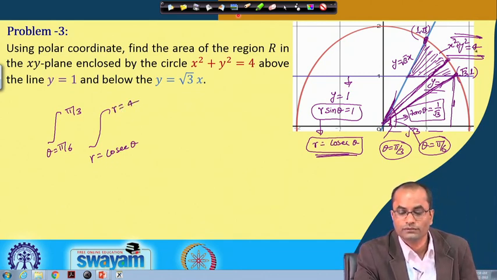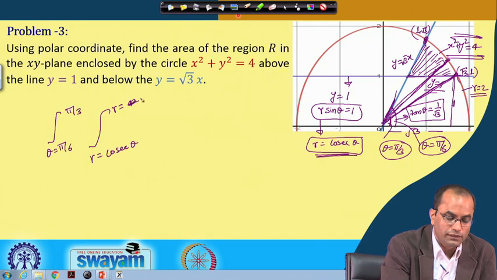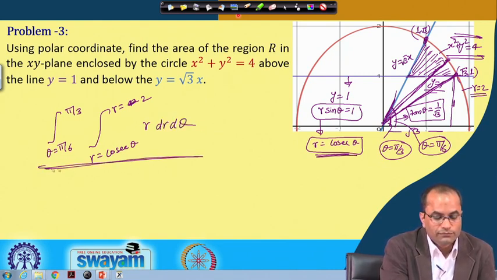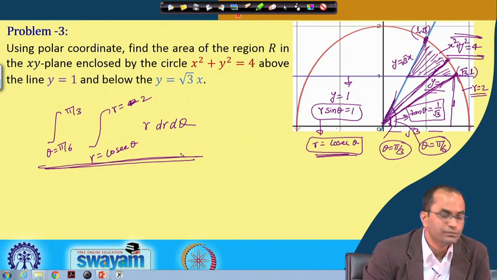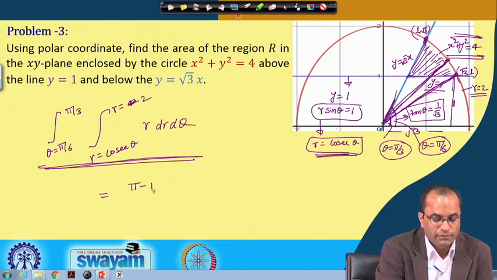So the radius is 2, the circle is r is equal to 2. Then to find the area the integrand is 1, and we have r dr d theta. So we have to just integrate the simple integral, and after this evaluation, skipping this part, we will get pi minus square root 3 over 3.